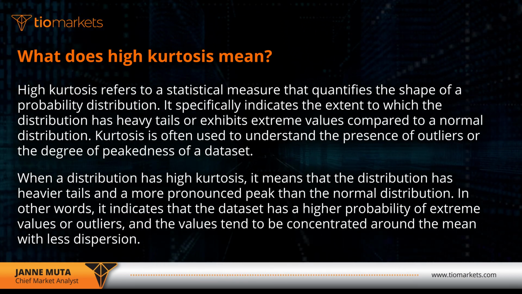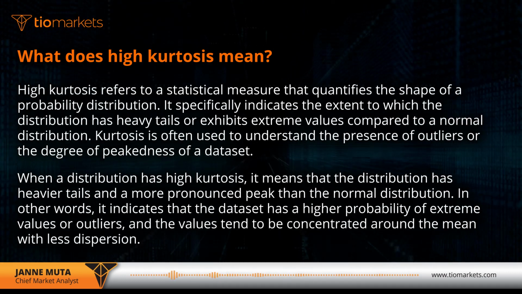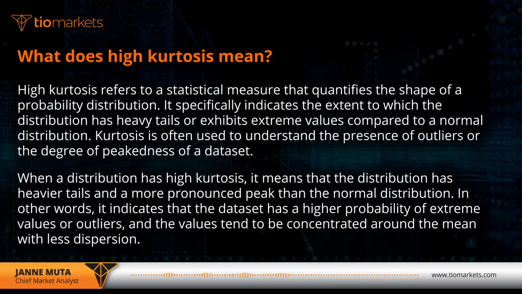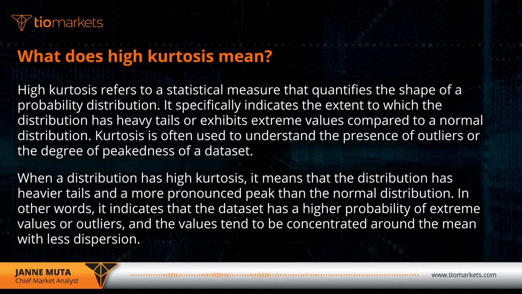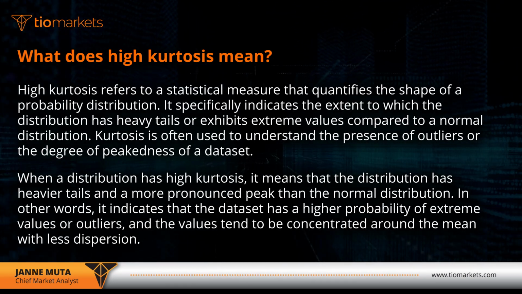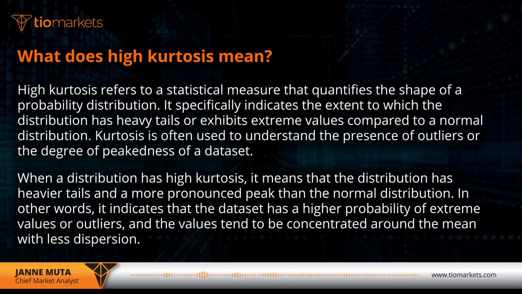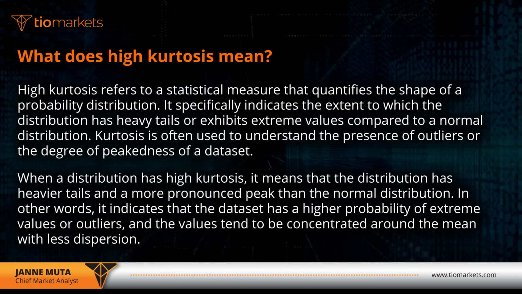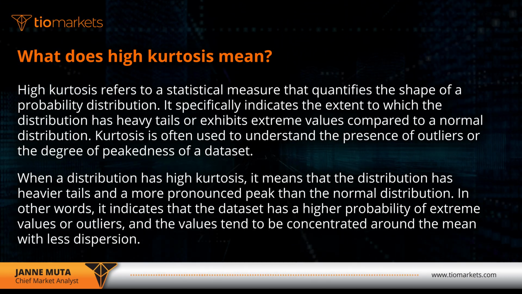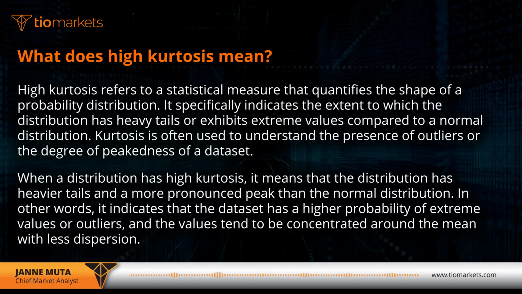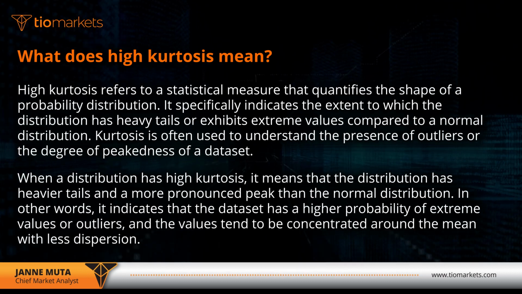Briefly, if there is a high kurtosis number, then the shape of the probability distribution is different to the normal distribution. A high kurtosis specifically indicates the extent to which the distribution has heavy tails or exhibits extreme values compared to the normal distribution. That means there are some big values that distort the data, distort the averages, etc. So if you see a high kurtosis number, that's what it means.